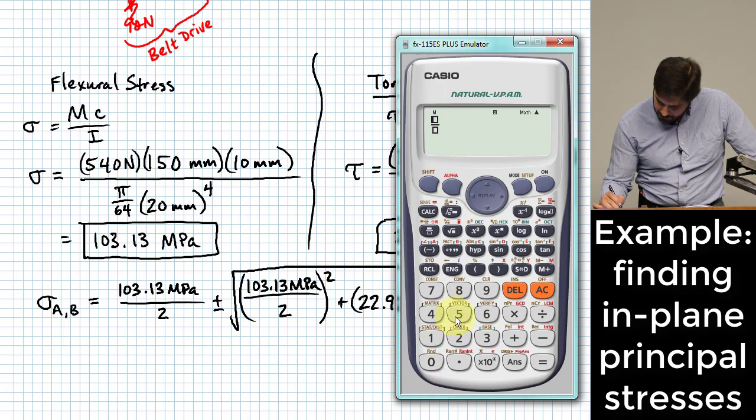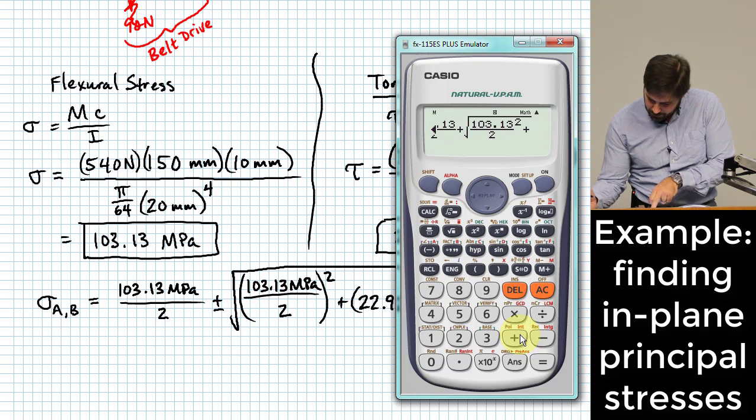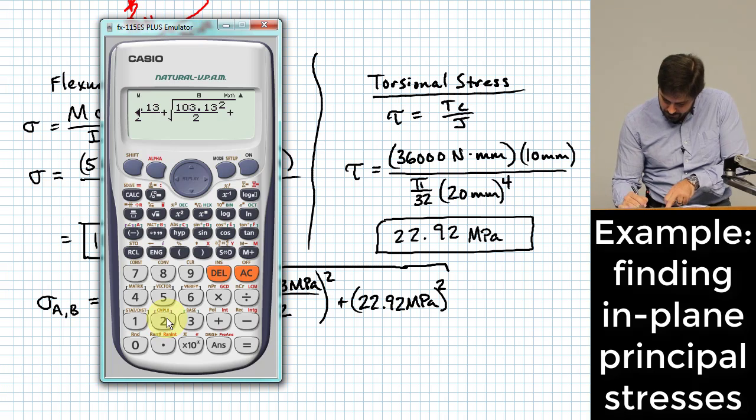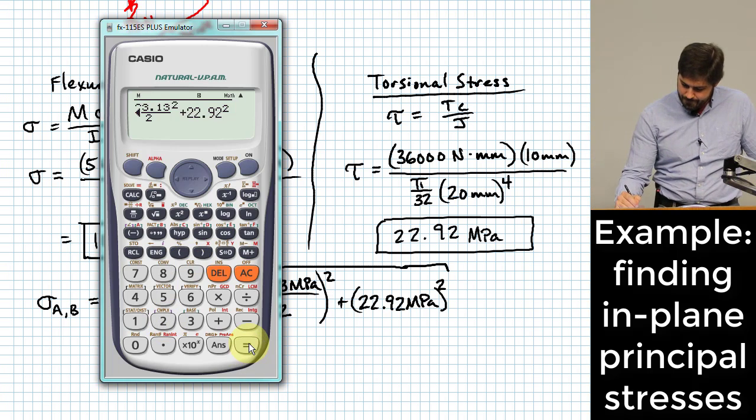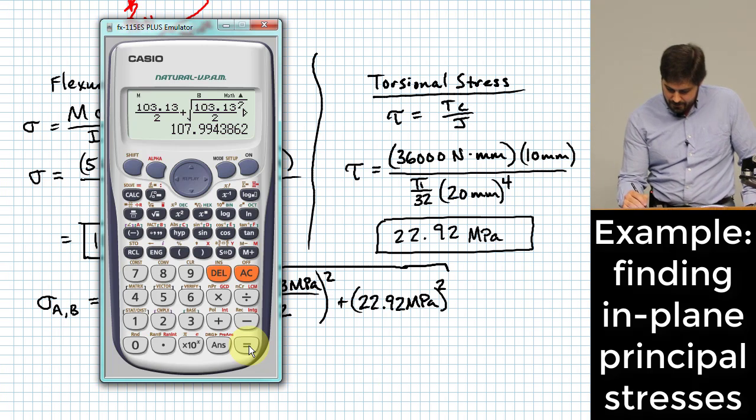Let's see here. Let's do it this way. 103.13 over 2 plus the square root of 103.13 over 2 squared plus 22.92 squared. And that gives me 107.99.